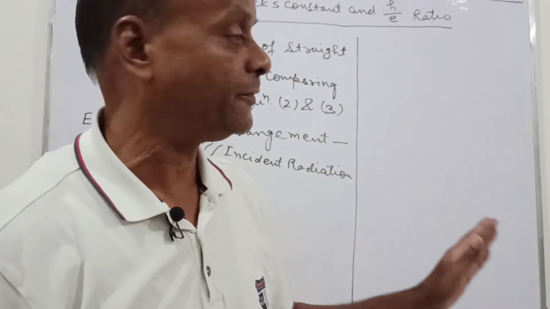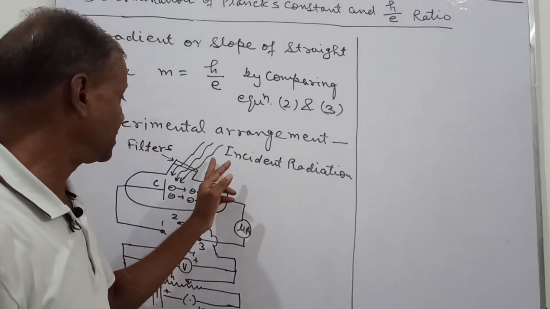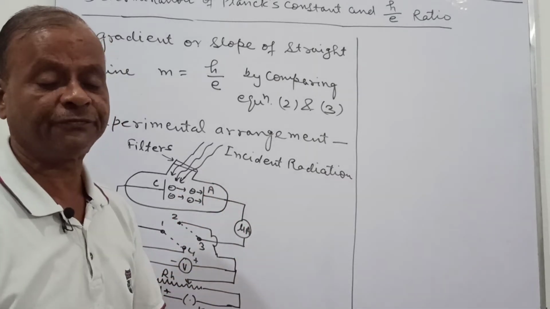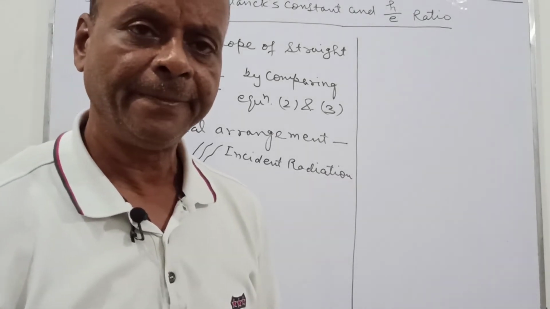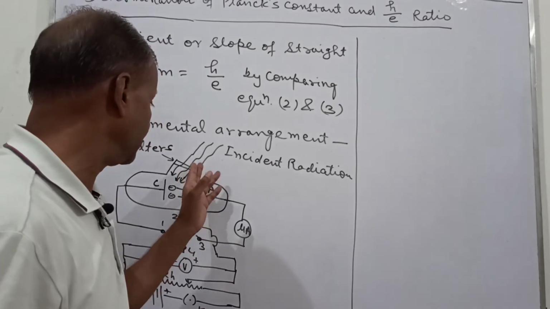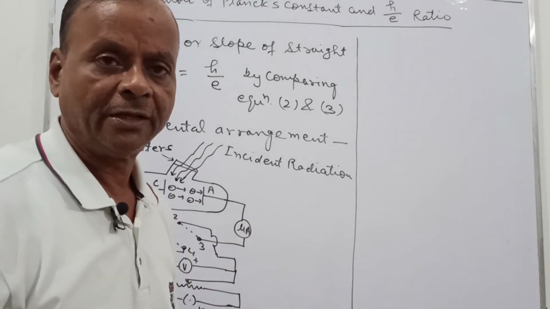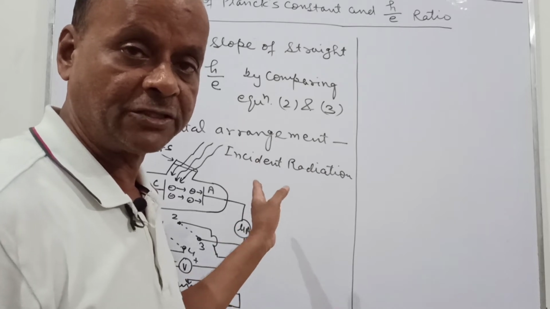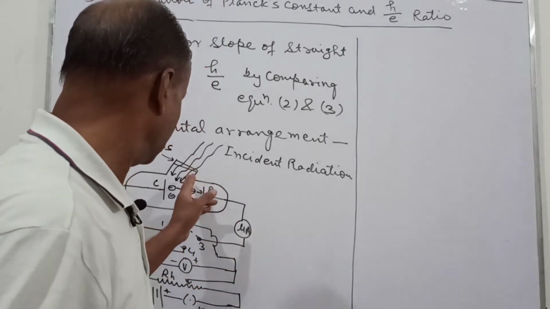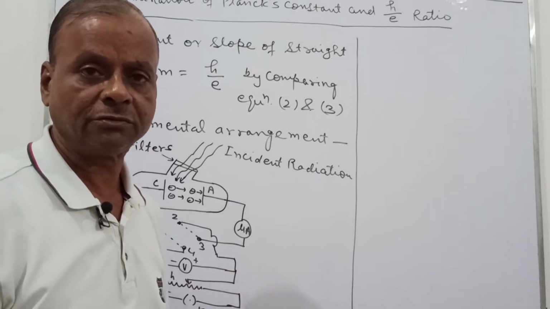So we just apply the filter on this one and the incident radiation to this one. So this changes the frequency of the incident radiation. If we apply the red filter, then the incident frequency will be that of the red one. If we apply the green filter, then this will be the green light falling on this cathode.